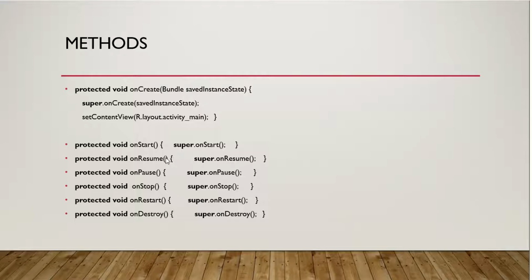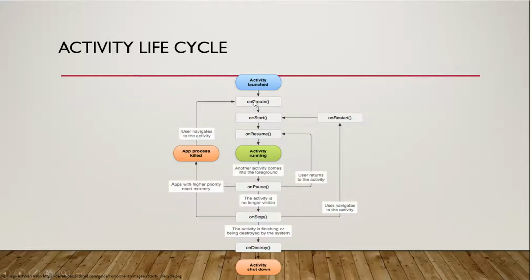This method also provides you with a Bundle containing the activity's previously frozen state, if there was one available. It is always followed by onStart, because after the onCreate method, the onStart method will always be called by the system. So you have to know that the onCreate method is always followed by onStart.